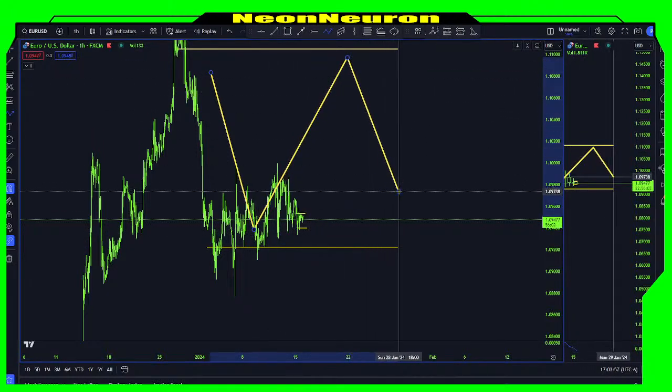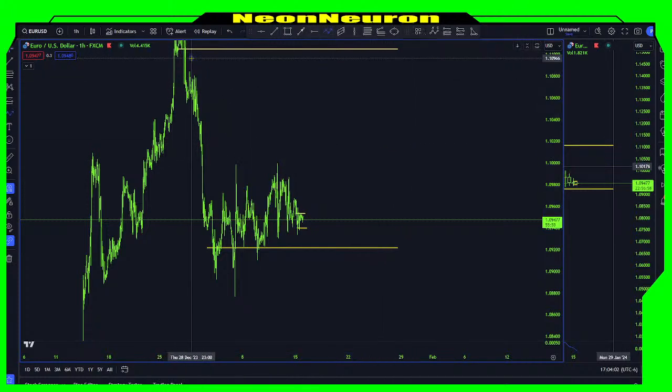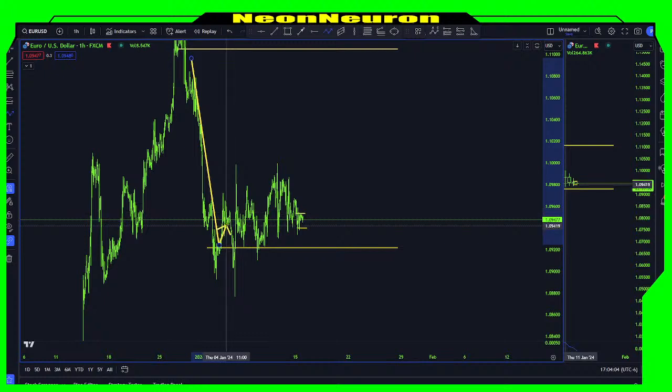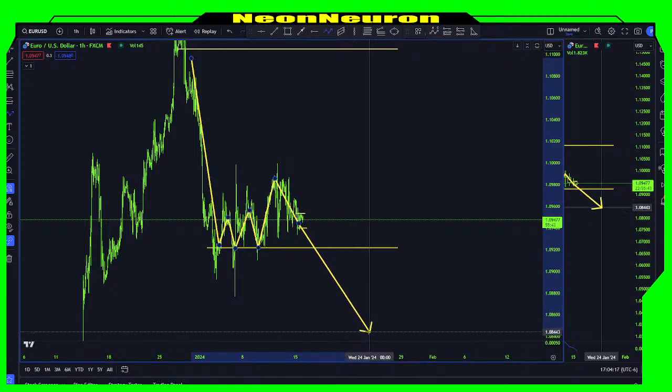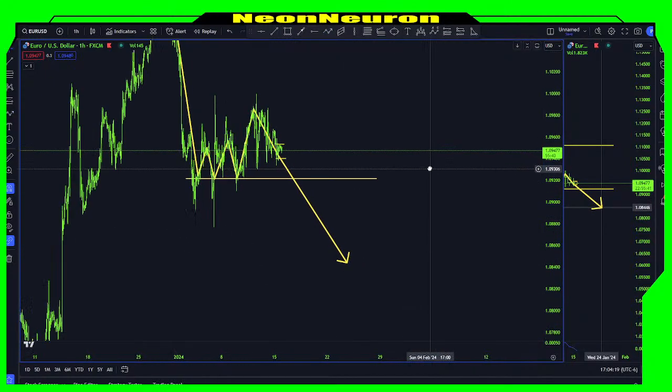But that's not the case here. What's happening here is price was brought down, hit support, and just lingers. It's just lingering at support. It's trying to make a higher high, but it's not really doing it. So chances are this could just bottom out and crash right through.